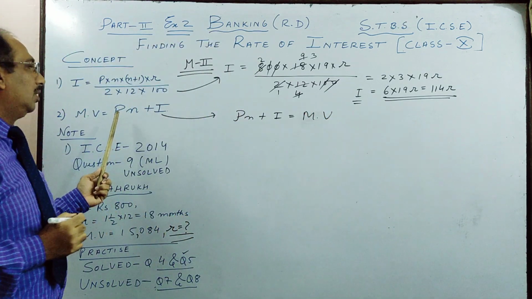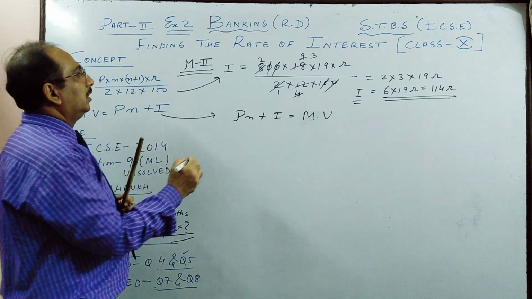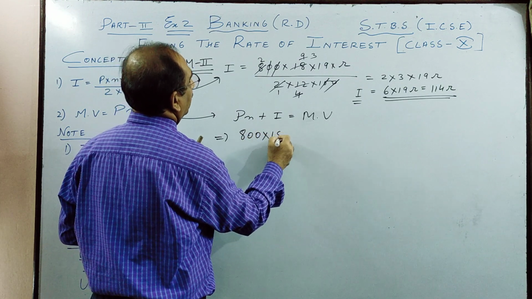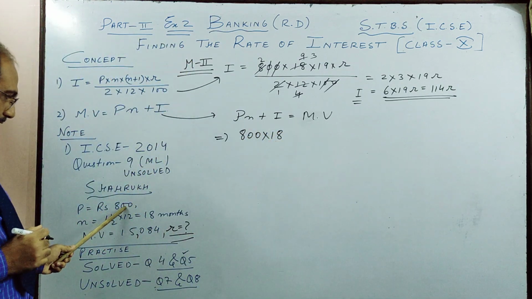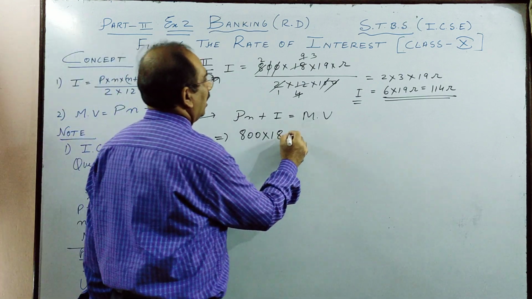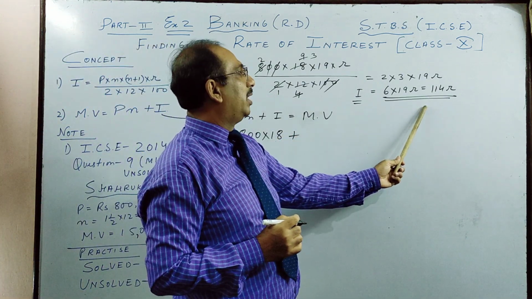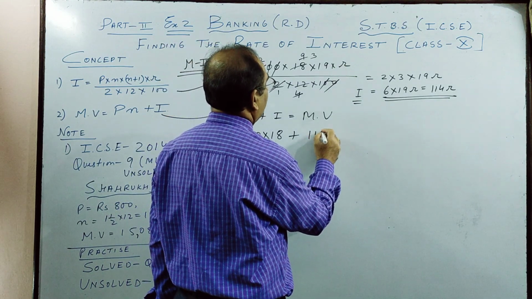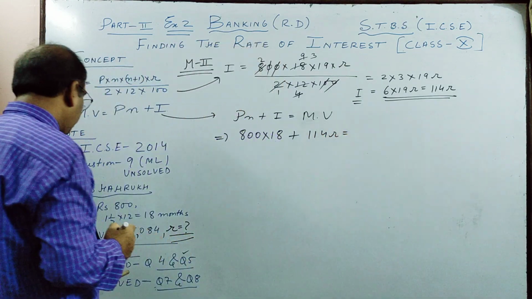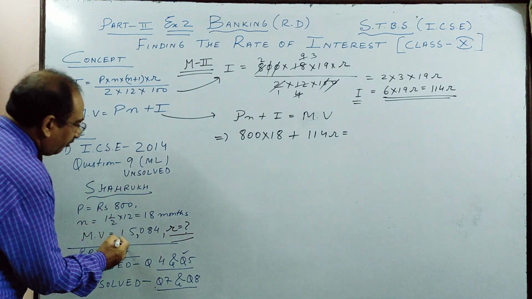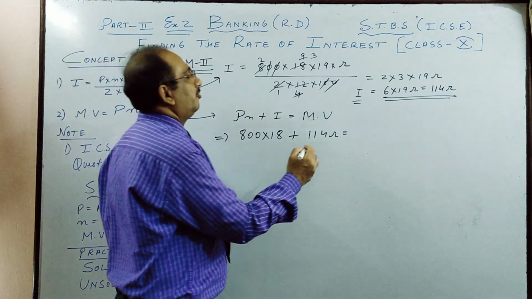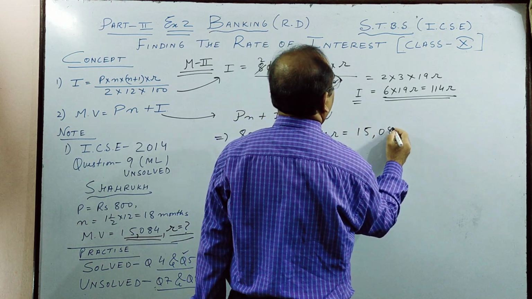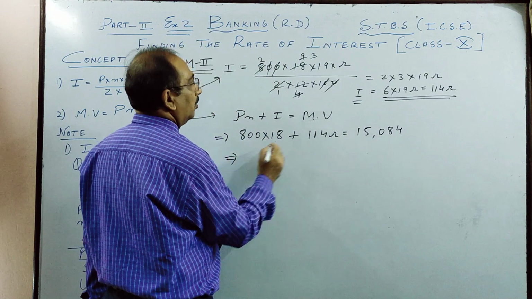Shahrukh's own money, he puts 800 for 18 months, and this is the interest given by bank in terms of R. R we don't know, children. 114R, and maturity value is your 15,084.